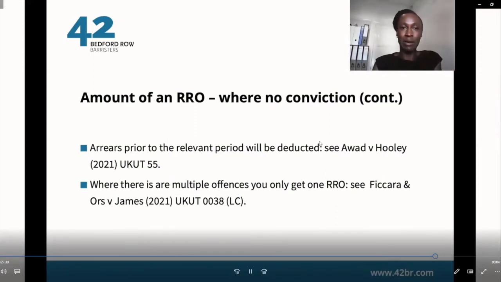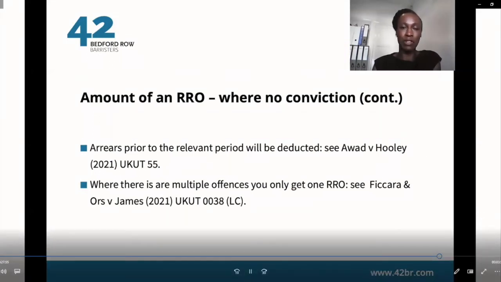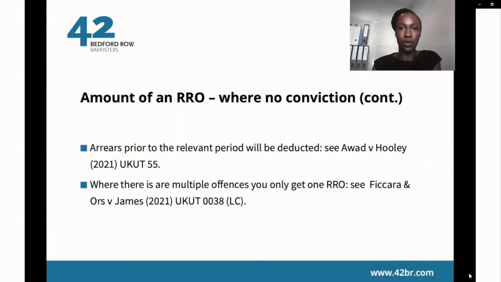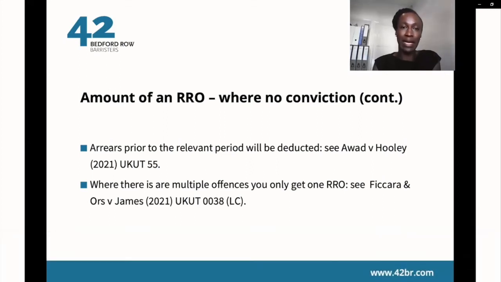Because what that does, it precludes an award per offence. The amount the landlord may be required to pay in respect of a period must not exceed the rent paid in respect of that period. And that's different to the offence. So the specificity is in relation to the rent paid during that period.